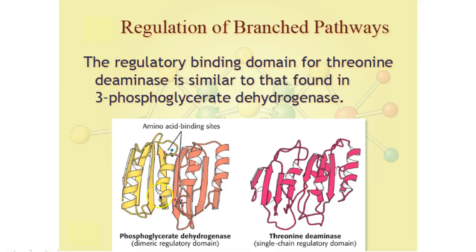And so just like the phosphoglycerate dehydrogenase having a binding site for serine that blocks the commitment step of the enzyme, the threonine deaminase also has an amino acid binding site for the isoleucine to help stop the commitment step of the threonine deaminase.